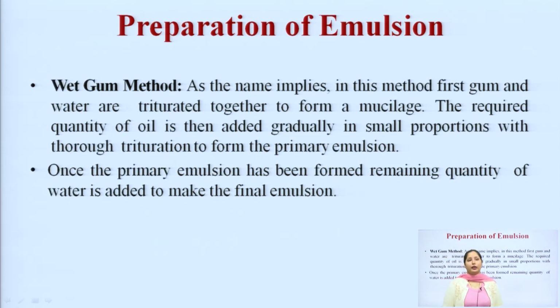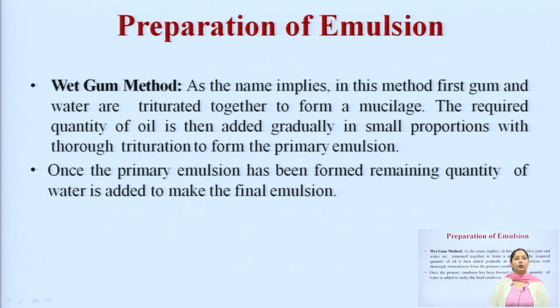Then the wet gum method. As the name implies, in this method first gum and water are triturated together to form a mucilage. The required quantity of oil is then gradually added in small portions with thorough trituration to form the primary emulsion. Once the primary emulsion has been formed, the remaining quantity of water is added to make the final emulsion.